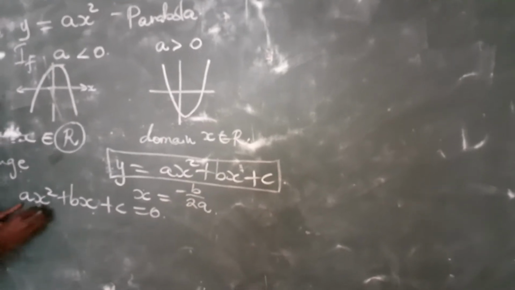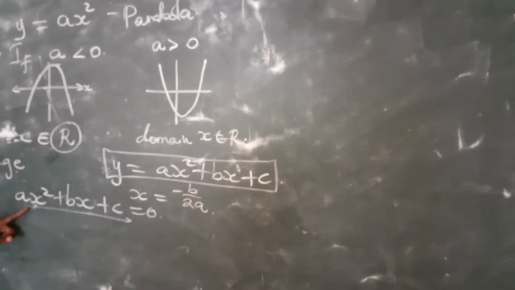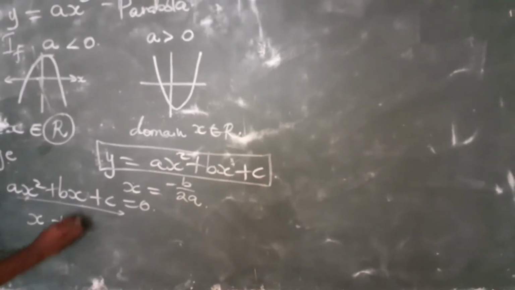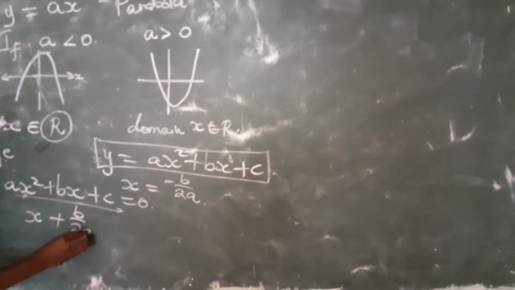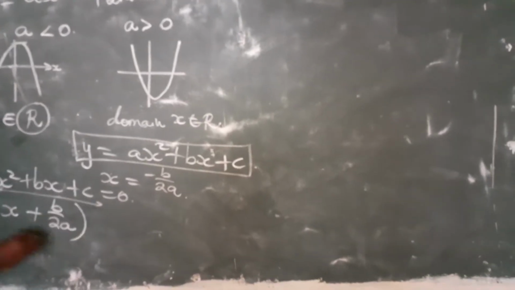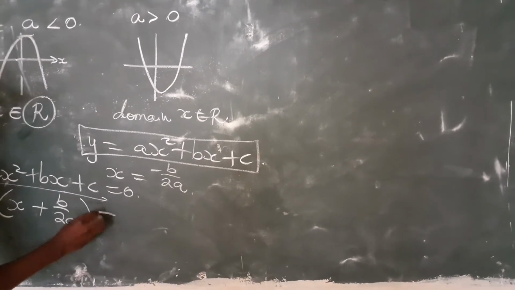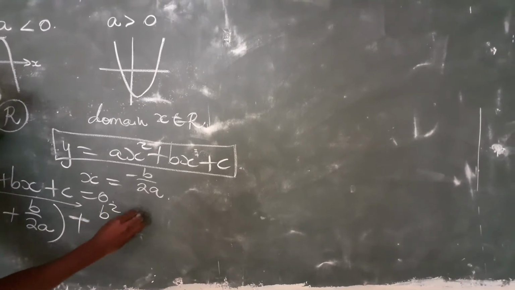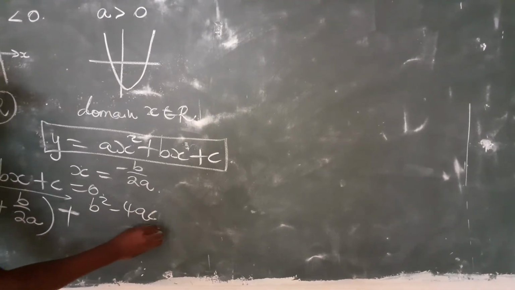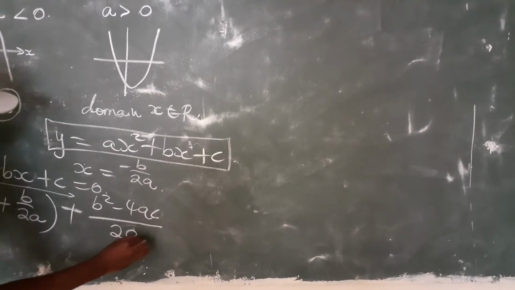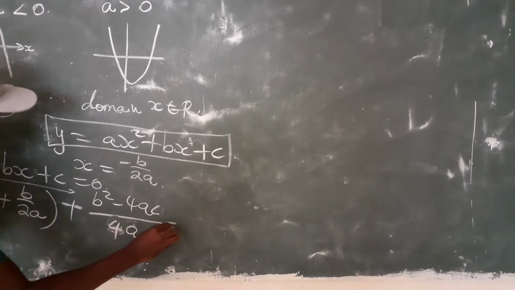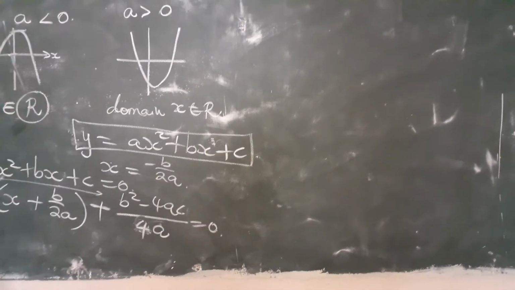Therefore, if you are solving for x by completing the square, you are going to have x plus b over 2a, which will be plus b squared minus 4ac all over 4a squared, which is equal to 0.